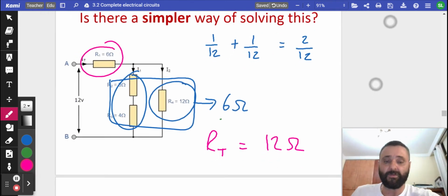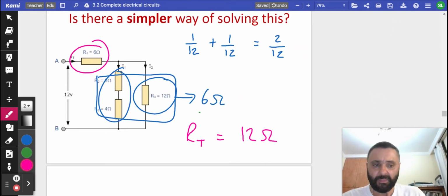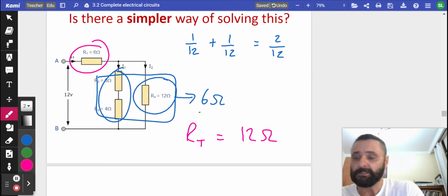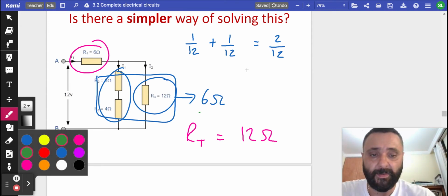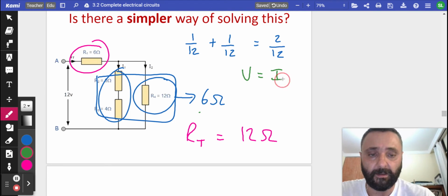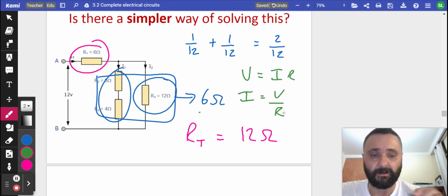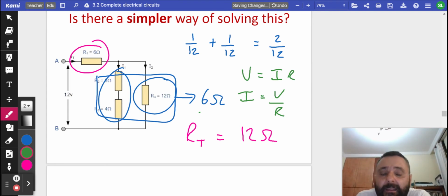Now, if we've got a 12 ohm resistor with a 12 volt power supply, and if we remember V equals IR, or I is V over R. So IT, because we calculated RT, is 12 over 12, which is 1 amp.